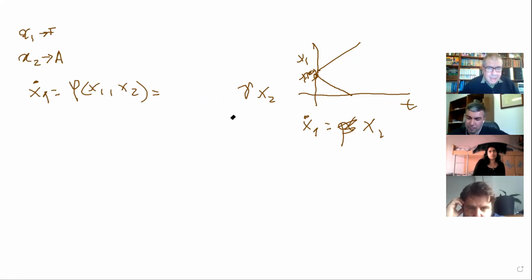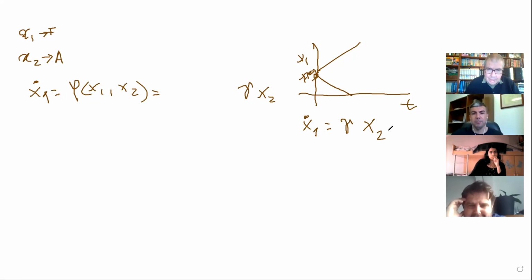Now you have this gamma. If the previous two are 0, maybe we can put gamma to 0 also. So our equation would become gamma x2. Now it depends on x2. What does it mean? That the rate of the French dying depends on the ally army.